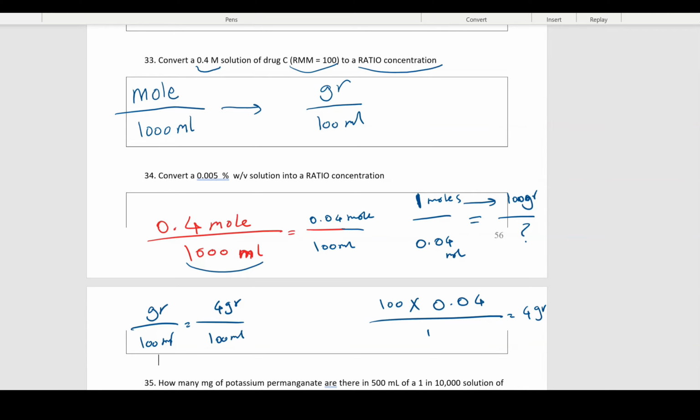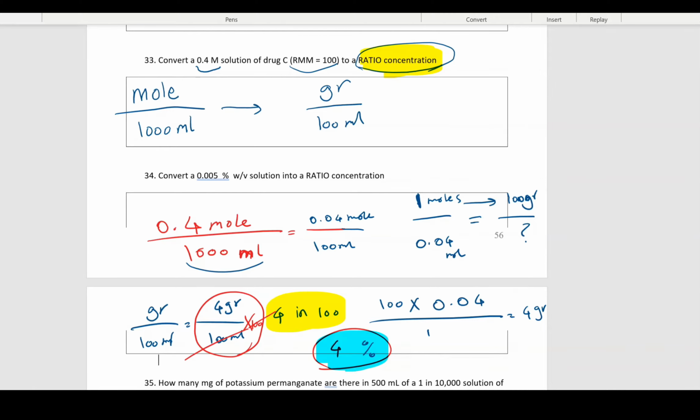For the ratio concentration, you just take the ratio, not the percentage. So the ratio is 4 in 100. But if you want the percentage, you have to multiply this by 100. So you get 4% if they ask you.